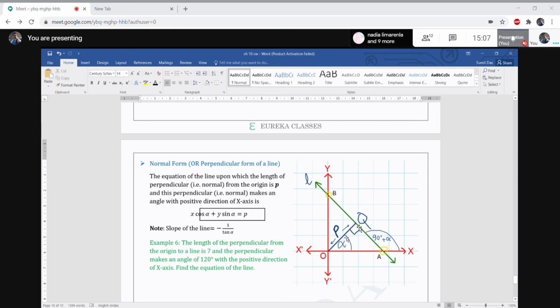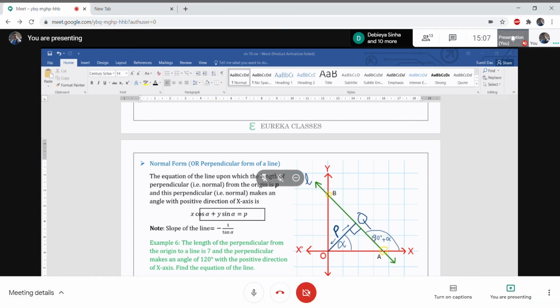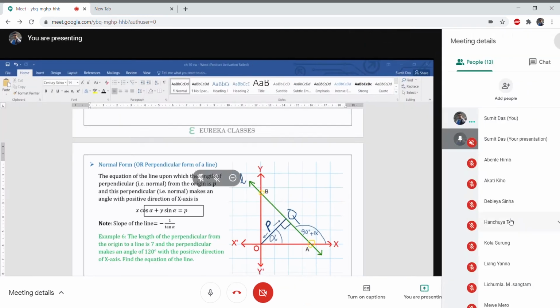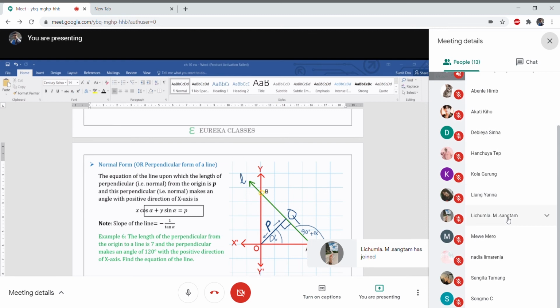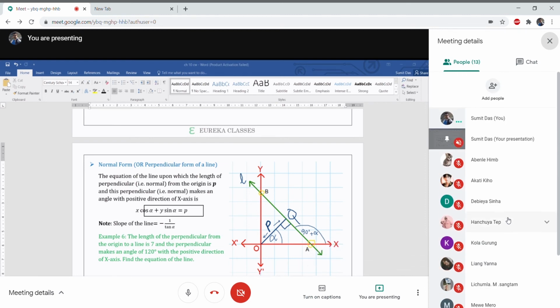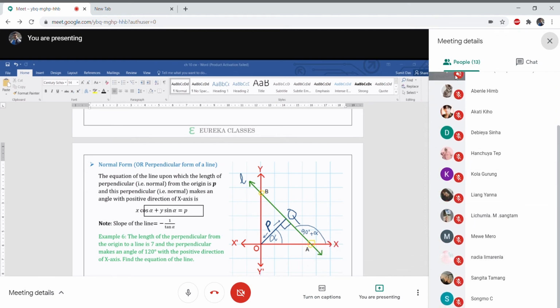We just know that this normal makes angle alpha. I'm writing here that the inclination of the line with the x-axis is 90 plus alpha. Can anyone explain why I'm writing 90 plus alpha? Why is it 90 plus alpha?